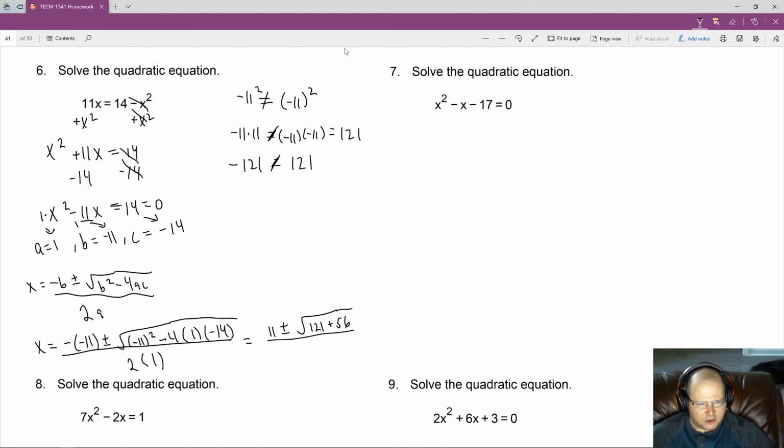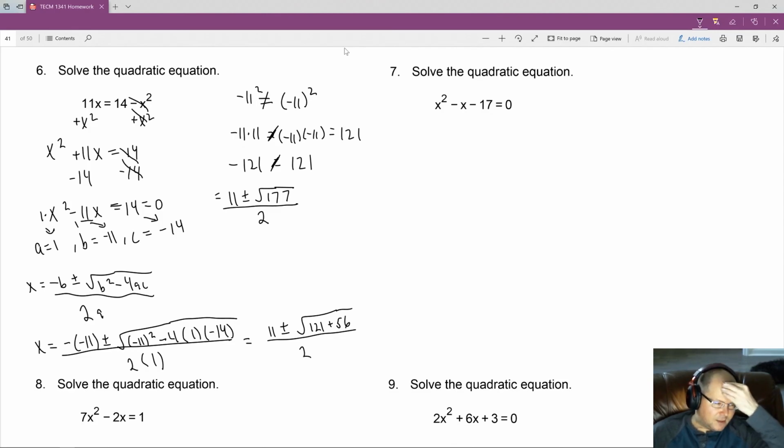And then we put that over 2 times 1, which is 2. We're almost there. And that gives me 11 plus or minus the square root of 121 plus 56, which is 177, and we put that over 2.